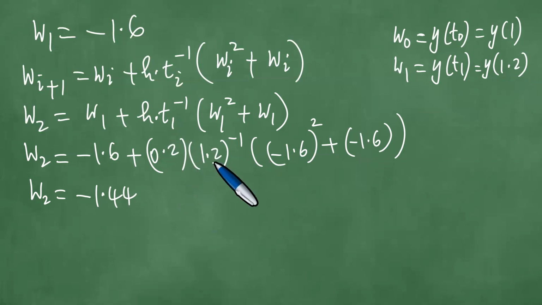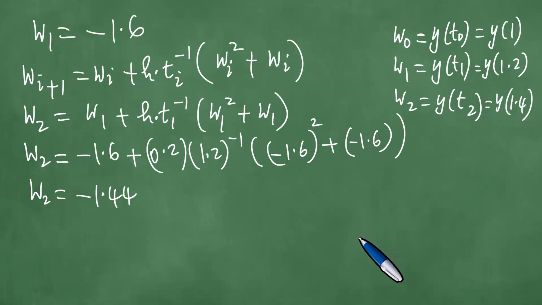We took T1 to be 1.2 here. Just one more. W2 is, I know this is boring sometimes, but it's easy to forget and not be used to the steps. It's very important to just practice going through the steps. If you have T2, it's going to be like 1.4.